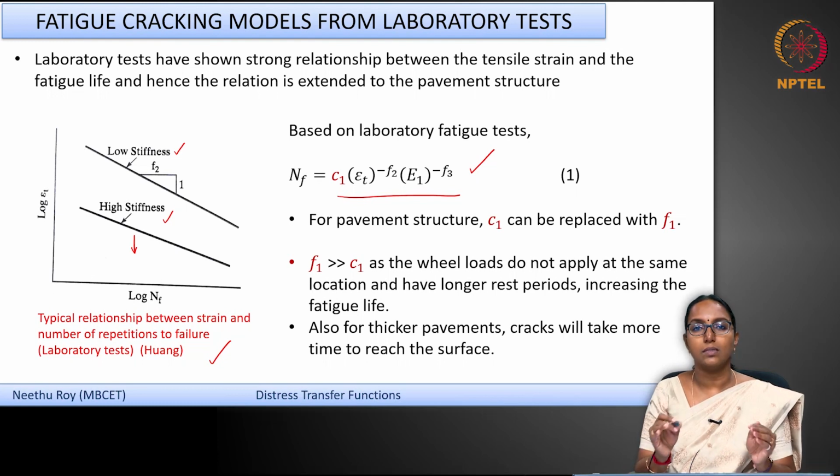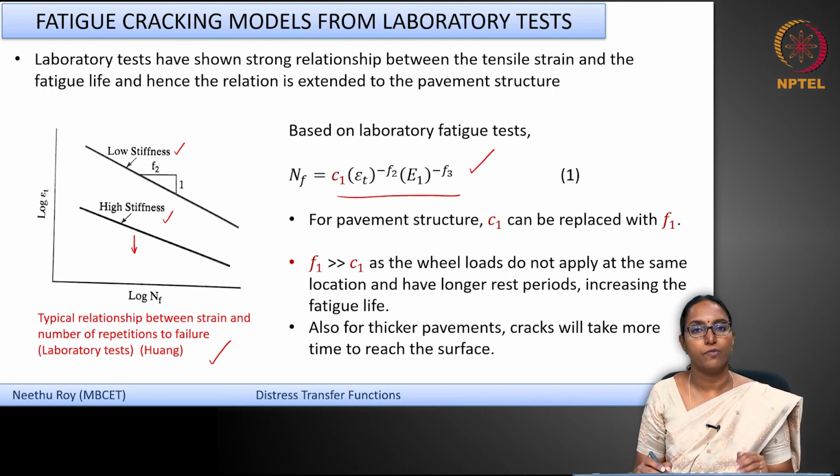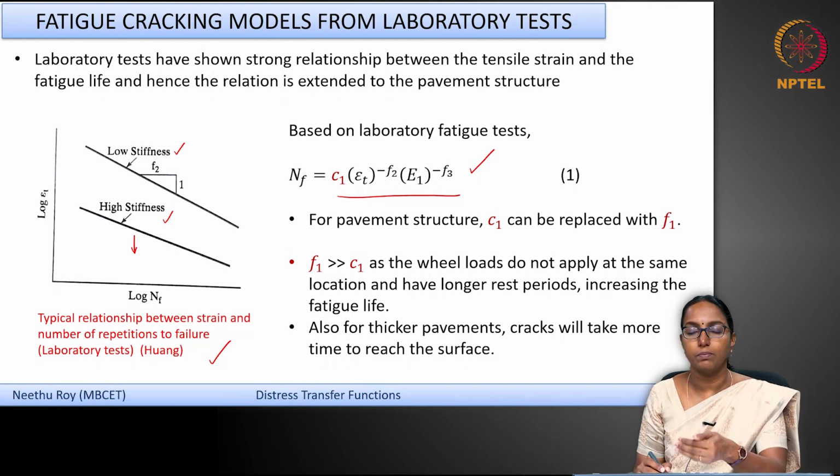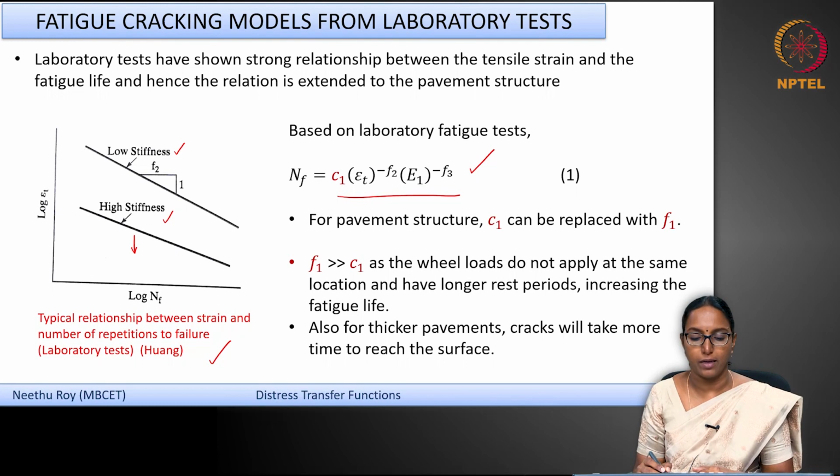Now since this is a general form of fatigue equation for bituminous mixtures, when you consider the bituminous layer in the pavement structure, you can have a similar structure for the prediction of fatigue life.